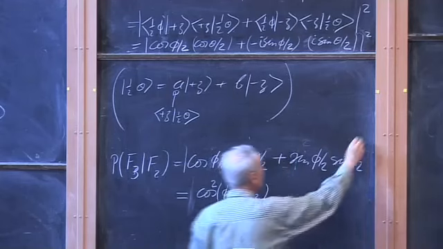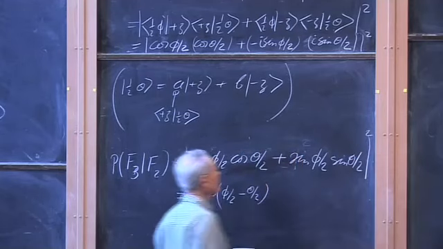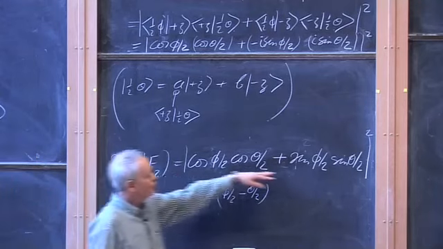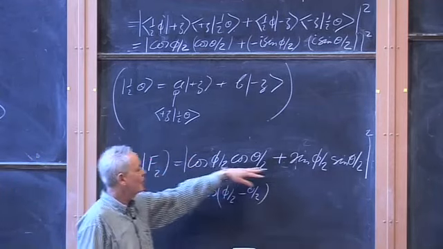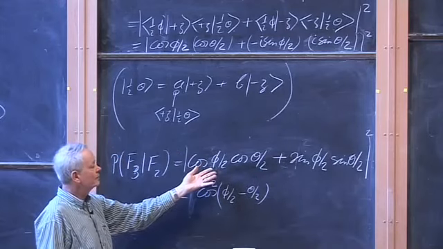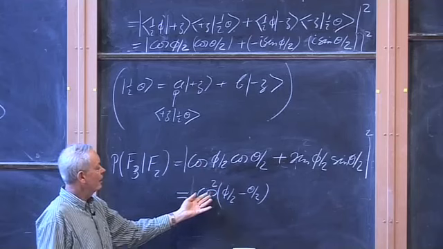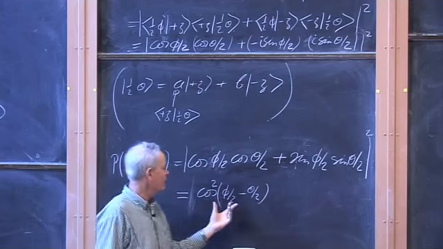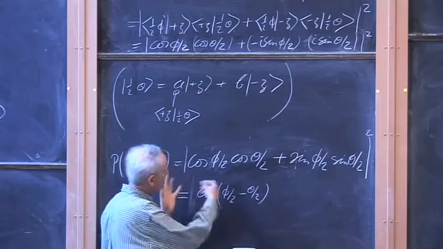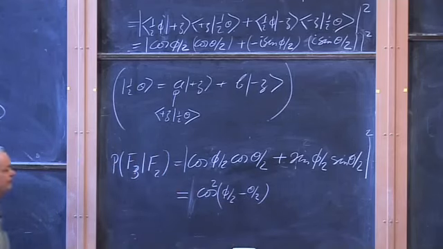That's what it is, and then we have to do a mod square of it. And we have a formula in trig, which says that this combination of cosines and sines is the cosine. What's in here is actually the cos of phi upon 2 minus theta upon 2. And then we had to square it. Sorry.